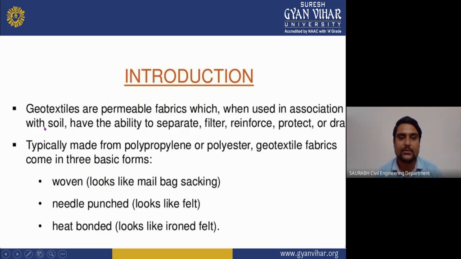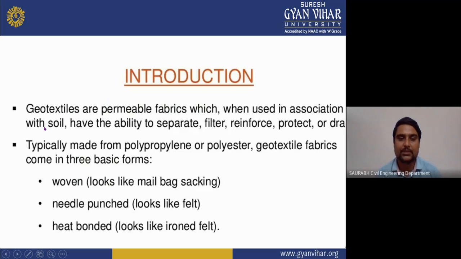First, we will see the introduction. Geotextiles are permeable fabrics which, when used in association with soil, have the ability to separate, filter, reinforce, and protect. Typically, it is made of polypropylene or polyester.